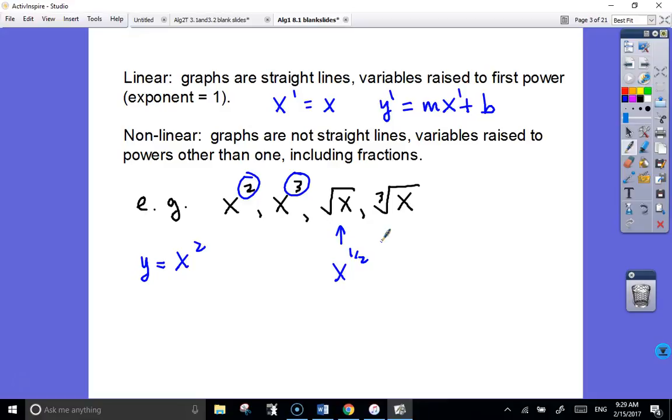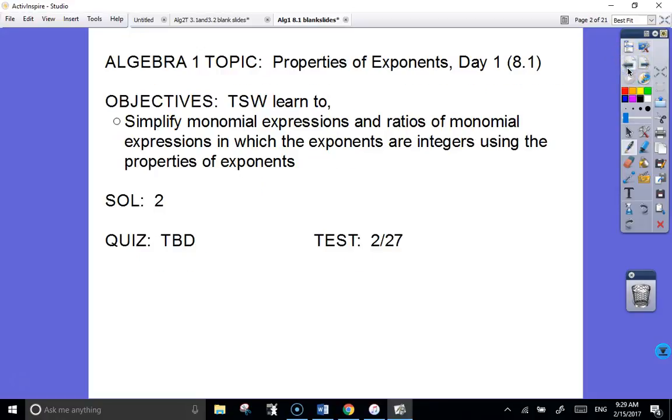We're not dealing with all of that yet. We are trying to learn the properties that you use to simplify when you have exponents other than 1. There are 7 properties, and I think we take 3 days to go over them. This first day is all about multiplication.